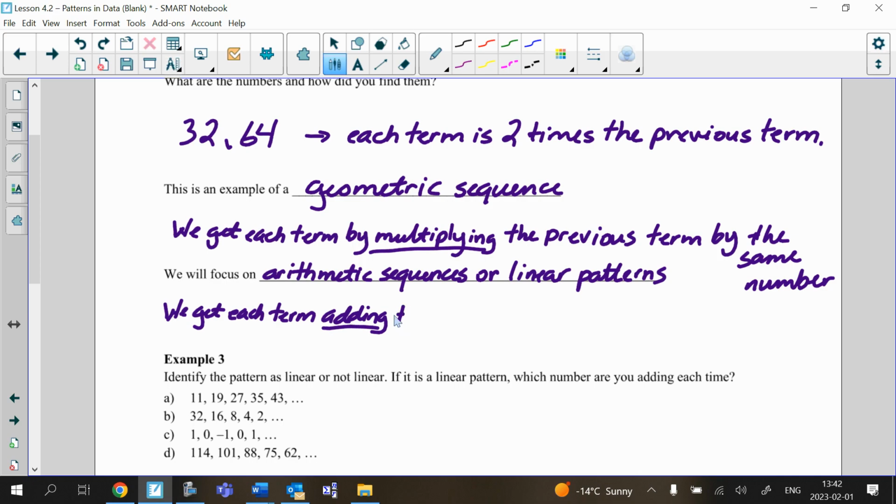And that number, whatever we add, could be positive or negative. We could keep adding a negative number to a group, which is really just the same as subtracting.